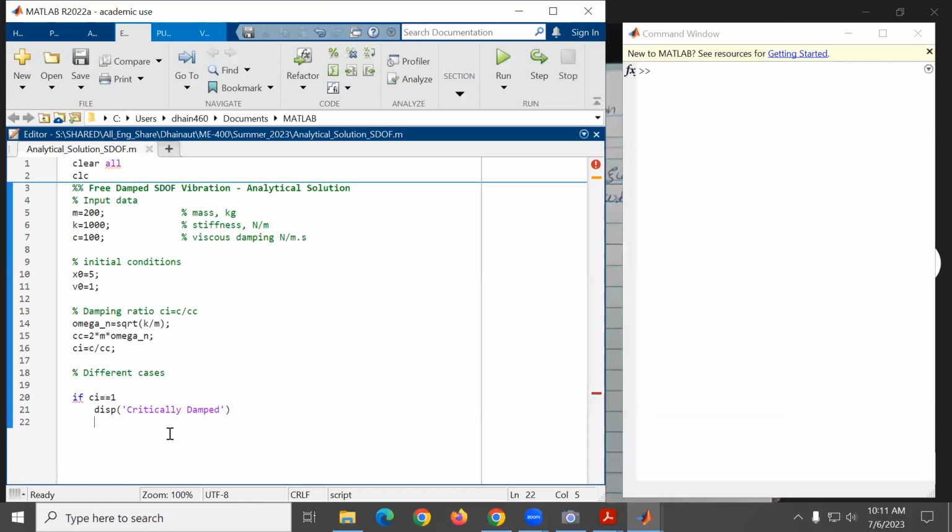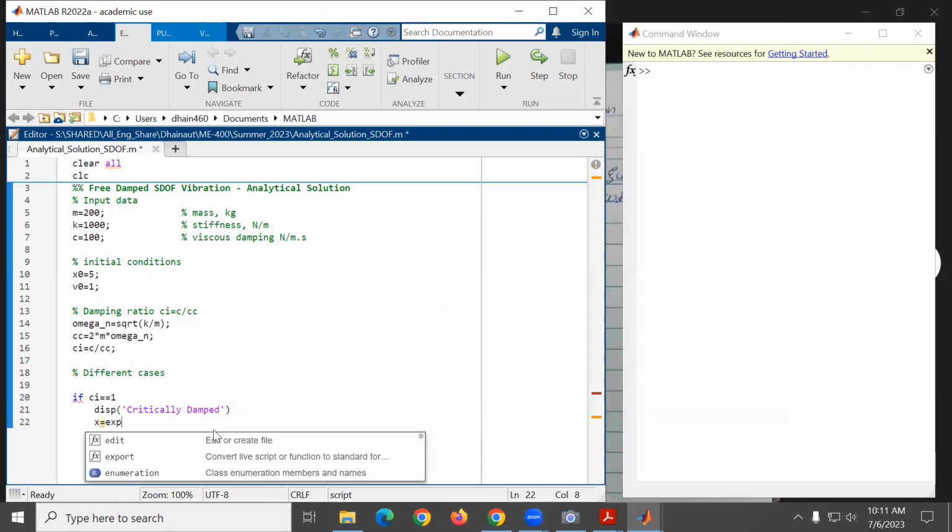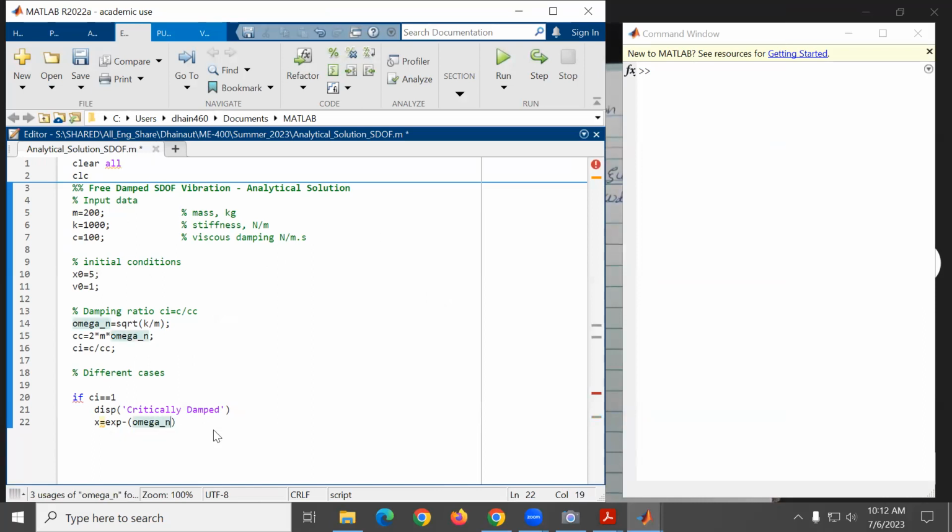So basically the response will be x of t equal to exponential of minus omega n times t.